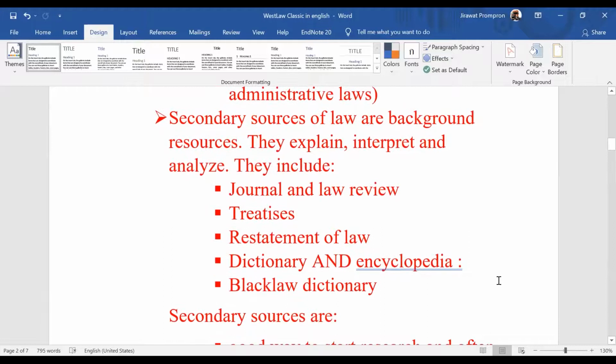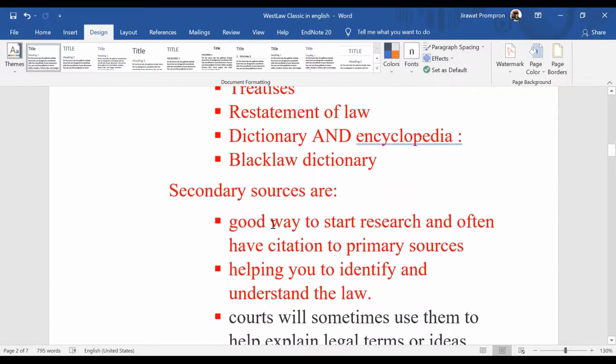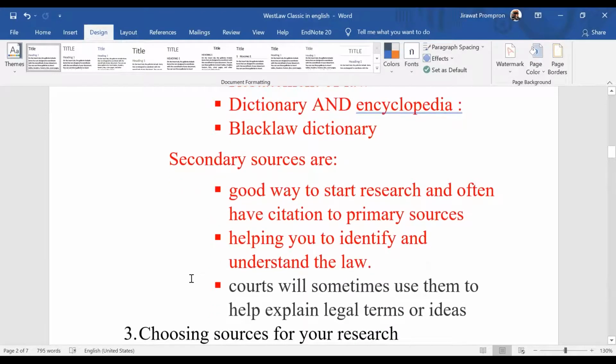The secondary sources we call background results. They explain and analyze. It's a good way to start, because this site can lead you to the primary sources, help you to identify and understand the law, and courts will sometimes use them to explain the legal terms.